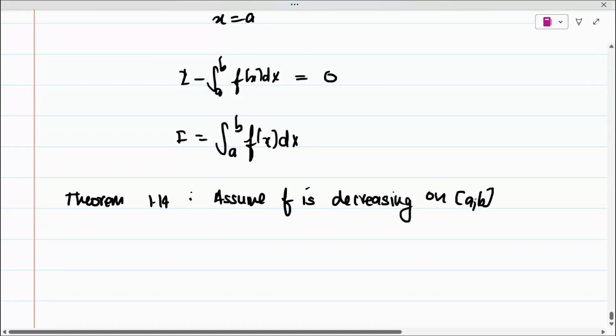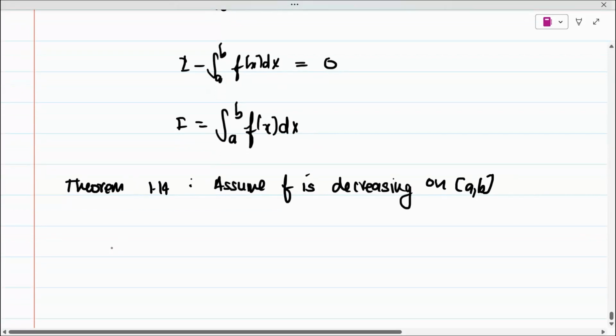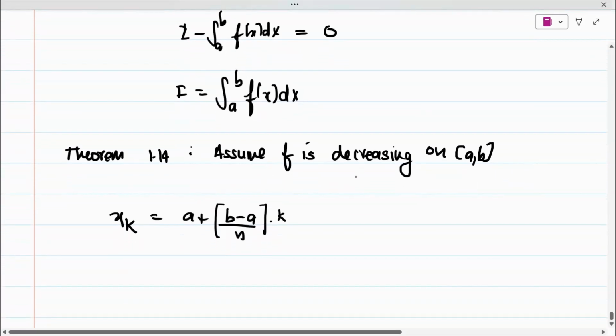Assume f is decreasing on AB, and it is continuous. Then say we have x_k equals a plus k(b minus a) by n for each integer k equal to 1 to n.